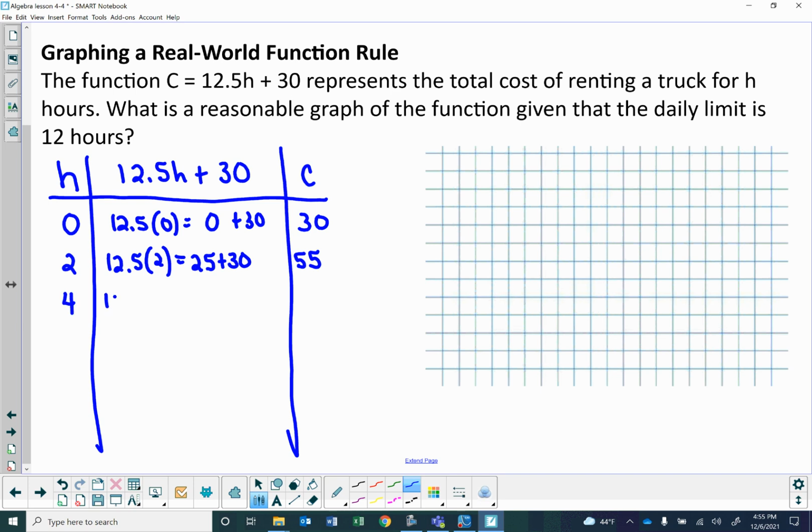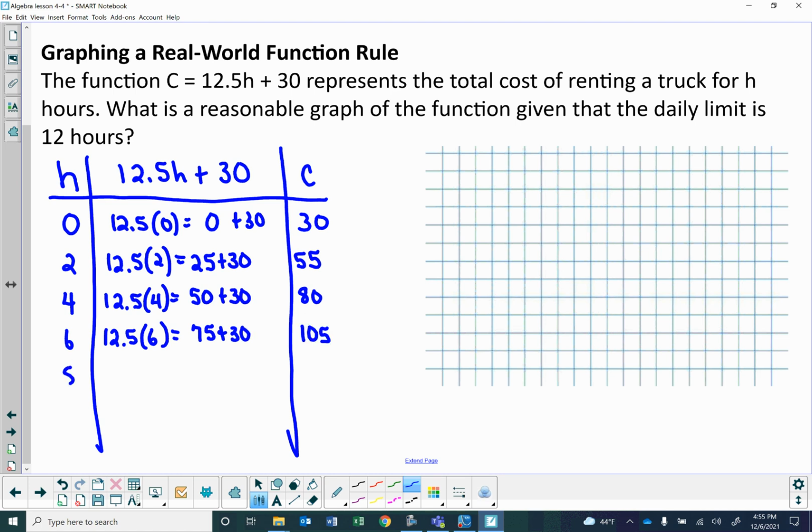If I rent it for 4 hours, 12.5 times 4 is going to be 50 plus 30, which will equal 80. And then I'm going by 2 hours, so then it's 4, then it's 6 hours. 12.5 times 6 is going to be 75 plus 30, which is 105.